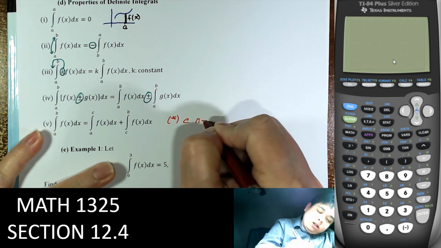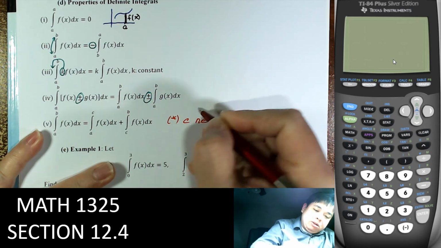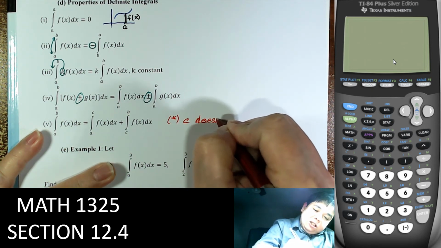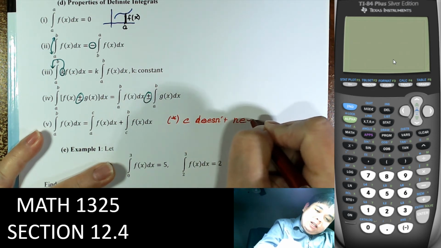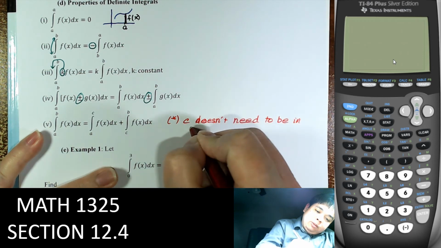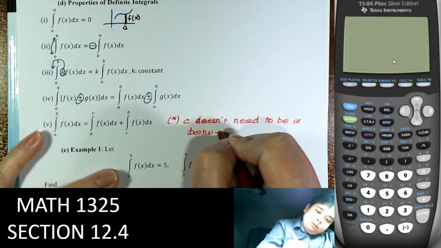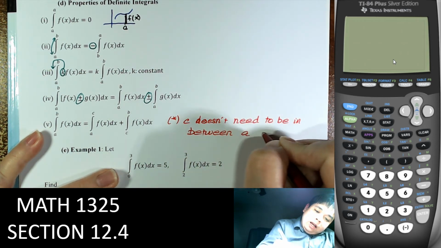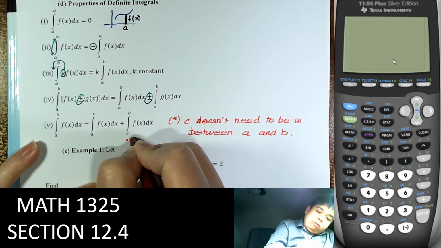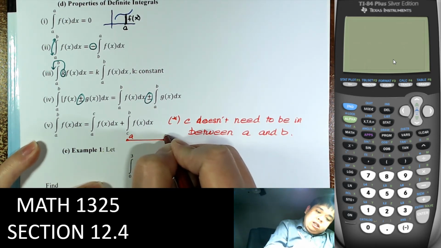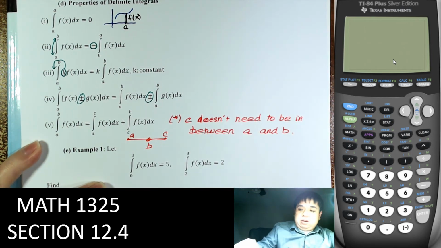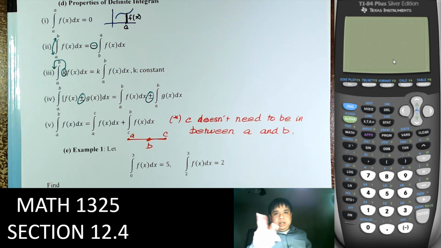C need not, doesn't need to be in between A and B. So essentially we can go from A to C and then go back to B. That's still the same as going directly from A to B, right?